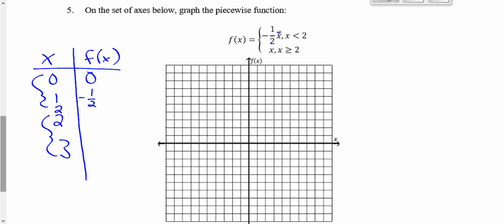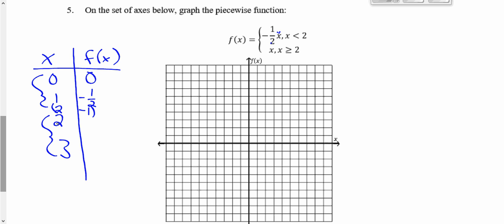No, you don't get 1. What's negative 1/2 of 2? Negative 1. Okay. So I plugged this 2 in once. It doesn't really go in that top one, but I just wanted an endpoint for that section of the piece, right? Okay, now where does 2 actually go? Top or bottom?